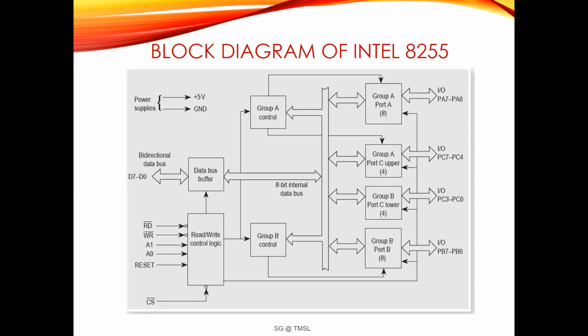It's neither a microprocessor nor a microcontroller. It's a programmable peripheral device through which different peripherals can be interfaced. So here is the block diagram where A, B, and C ports are grouped into group A and group B. In addition, there is another register called control register.